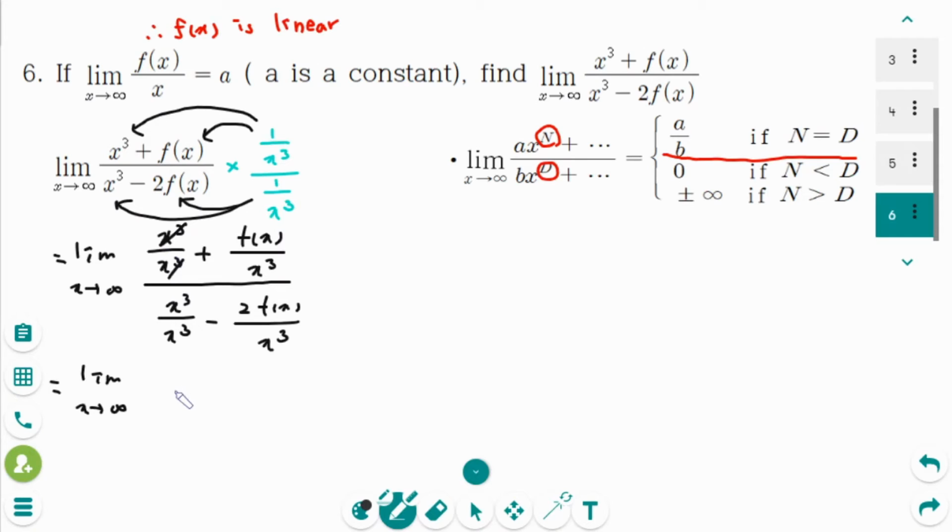Then this one is 1 plus, we can rewrite this part as this, over 1 minus 2fx over x times 1 over x squared.